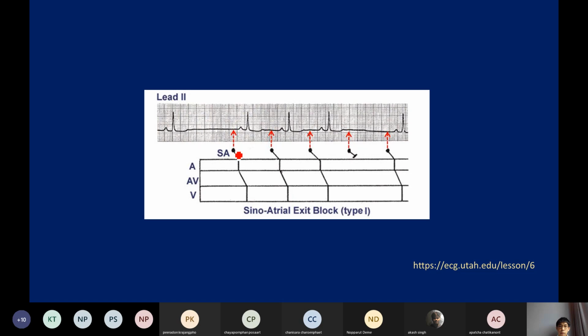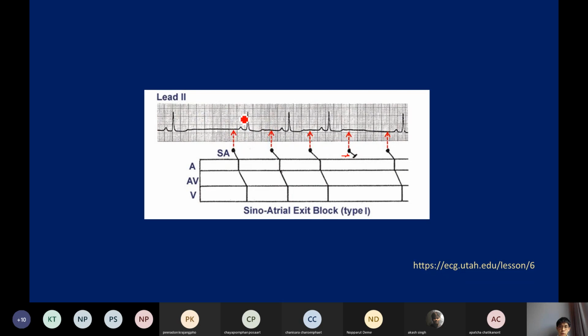You can see from the first one that the impulse from the SA node is not that delayed into the atrium. But the second impulse is more delayed, the third impulse is even more delayed, and the fourth impulse is blocked. So this would appear in the ECG like this.